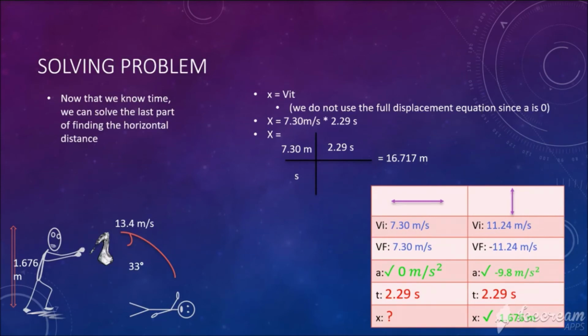You know that the velocity is 7.3 meters per second, and you know that the time is 2.29 seconds. Now we use unit analysis: 7.3 meters per second times 2.29 seconds. The seconds cancel out, leaving just meters, and you multiply the two numbers together to get 16.71 meters, and that's the distance between Melanie and Nora.